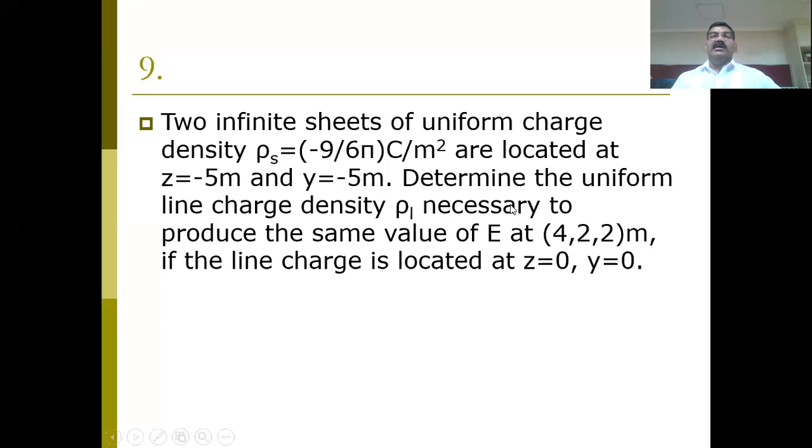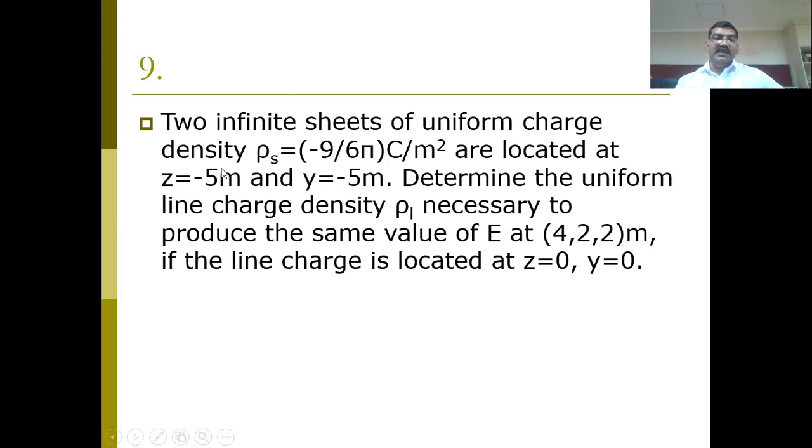Now, determine the uniform line charge density. You have to find rho L. How much is necessary to produce the same value of E, whatever E you got here, at the point (4, 2, 2) meter. You have to find the electric field intensity at that point.